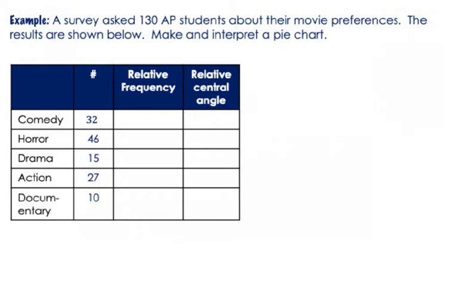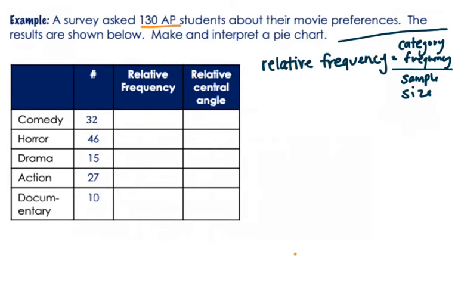Okay, so sometimes they'll talk about relative frequency or relative central angle, where you don't really have to worry about the relative central angle so much. I just want to show you what it means. So in this example, a survey asked 130 AP students about their movie preferences, and the results are shown below. So we're going to make and interpret a pie chart.